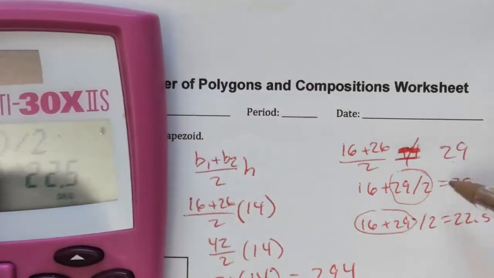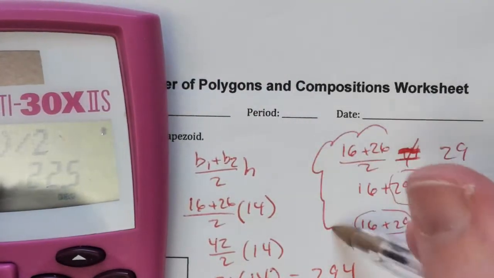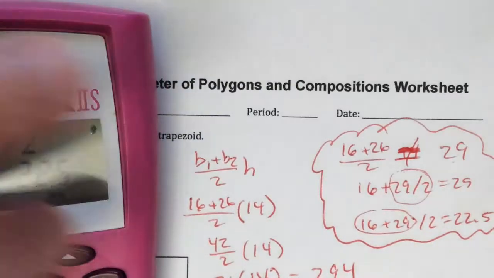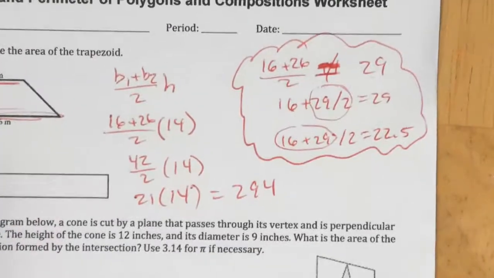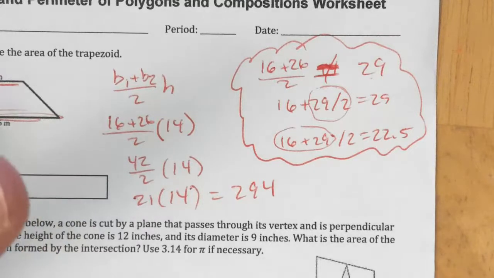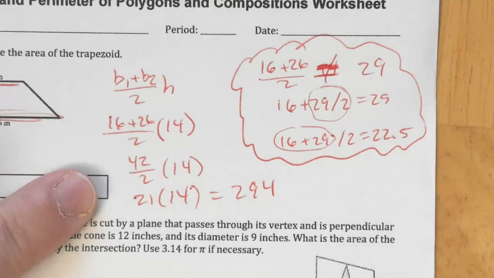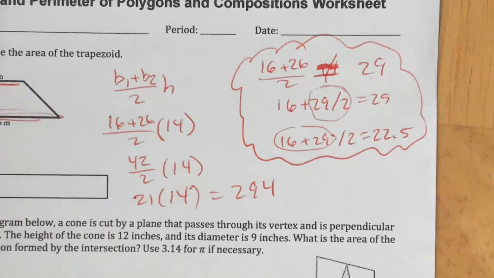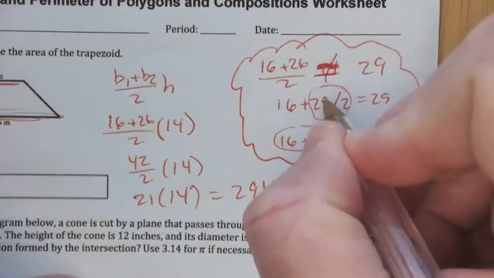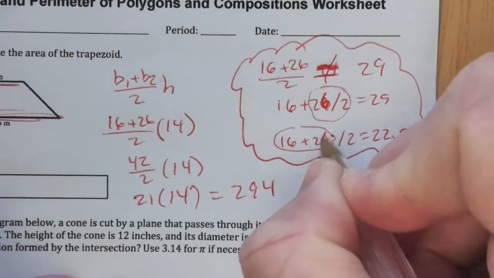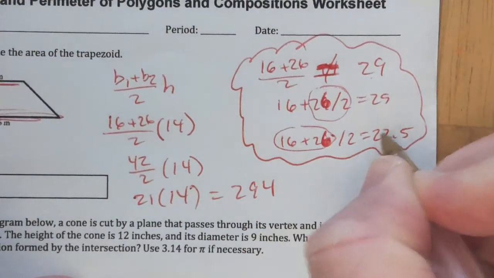So this is a major error that people make. So make sure you do the top all by itself. Wait a minute. 16 plus 26. Oh, sorry, it's supposed to be 26. Sorry about that.